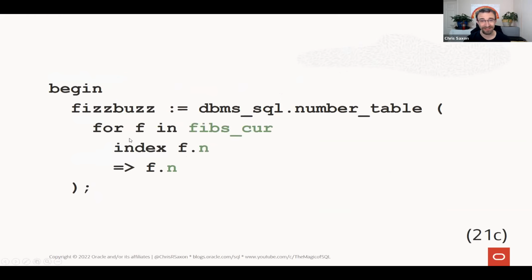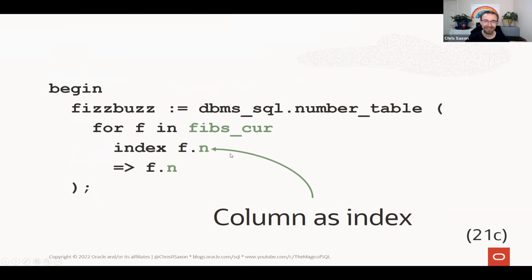Looks basically like a cursor for loop, except we haven't got the loop keyword there. And we're saying indexed by this column from that query. We're using that as the actual indices for the array we are populating.